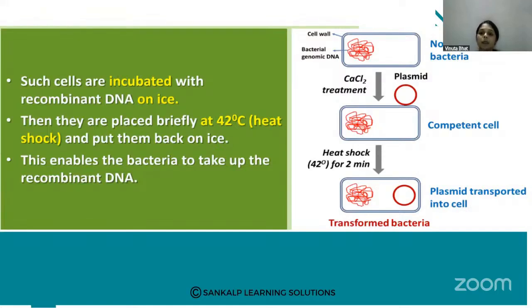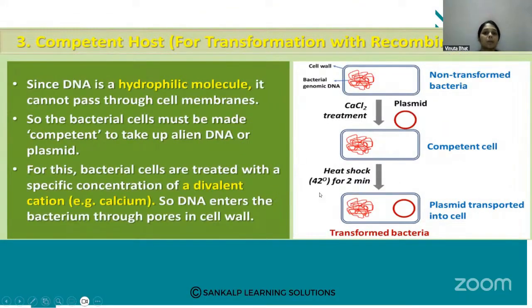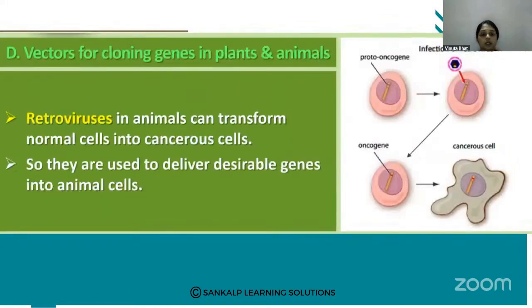Then the bacterial cell is able to take up this recombinant DNA. This is called the transformed bacteria. So these are all the different methods used to introduce DNA into the host cell.